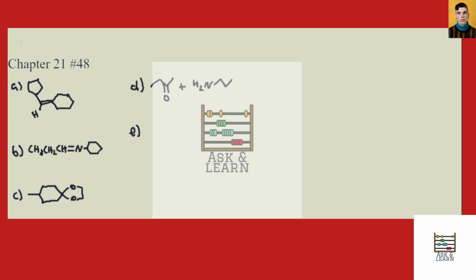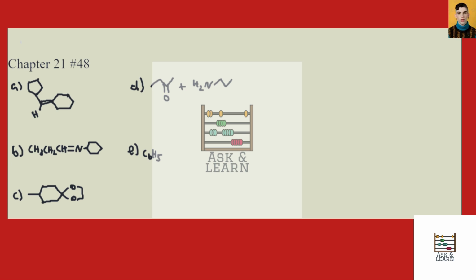For part E of this problem, we have an enamine formation. The enamine formation is going to result in this molecule, so C6H5. I should have moved this down. I apologize. I should have started lower. Okay, let's try again.